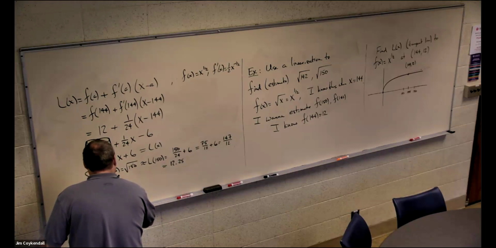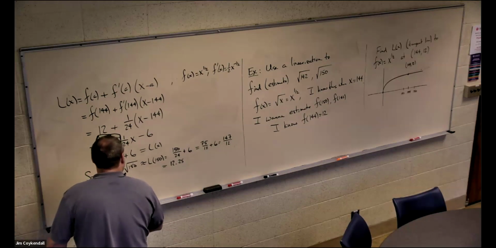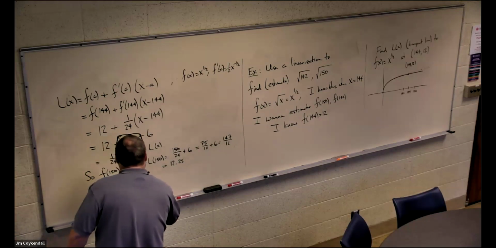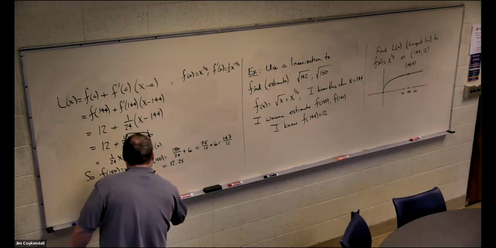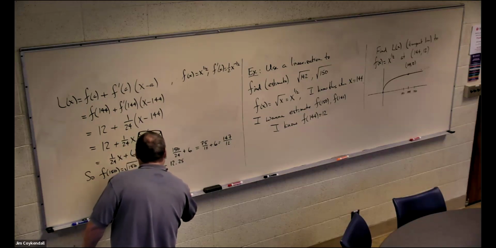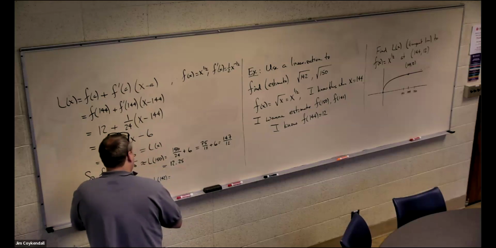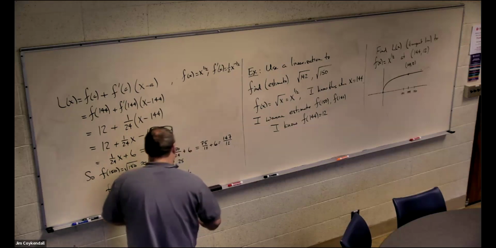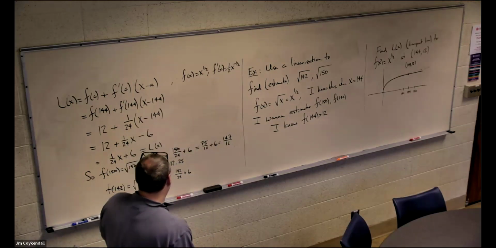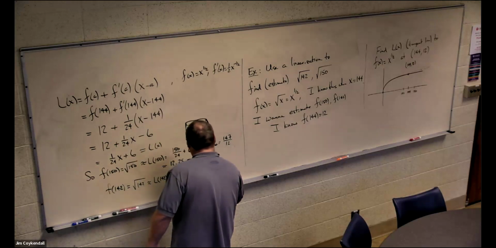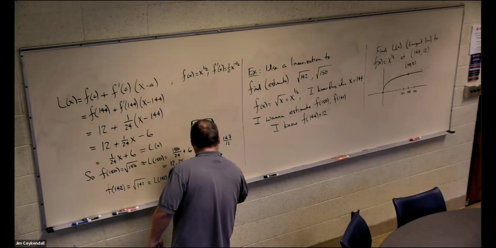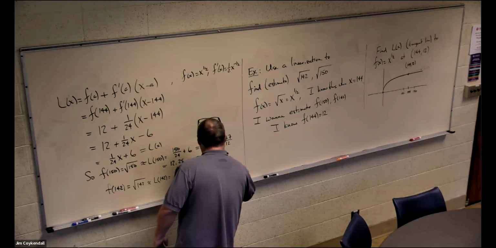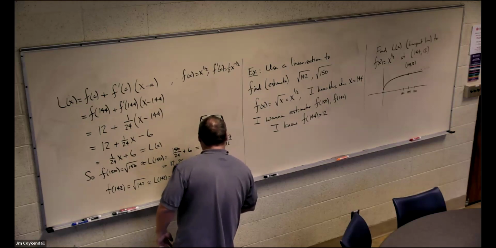f of 142, which is the square root of 142, is approximately equal to L of 142, which is 142 over 24 plus 6. This is 71 twelfths plus 6, which is 143 over 12.